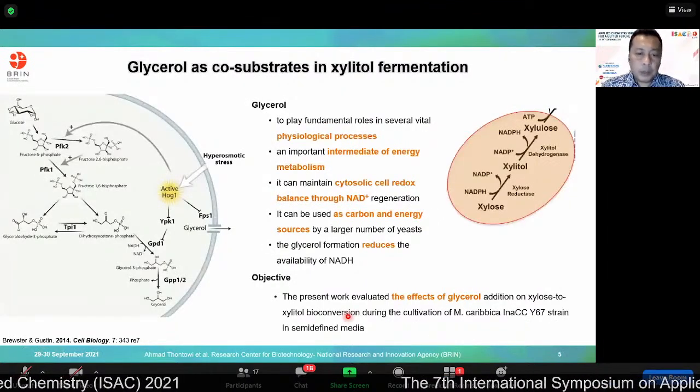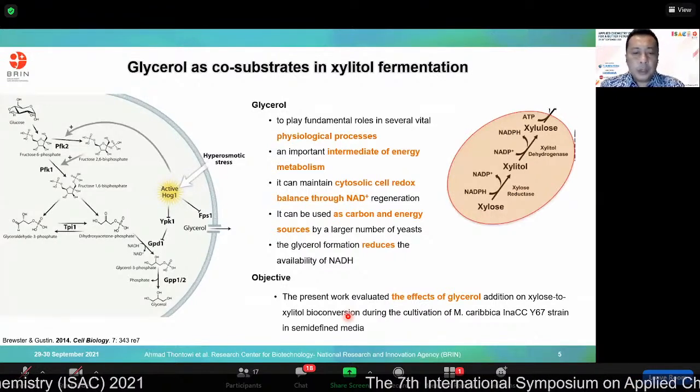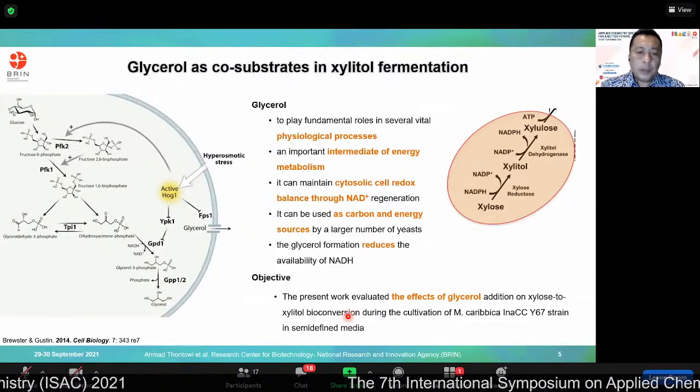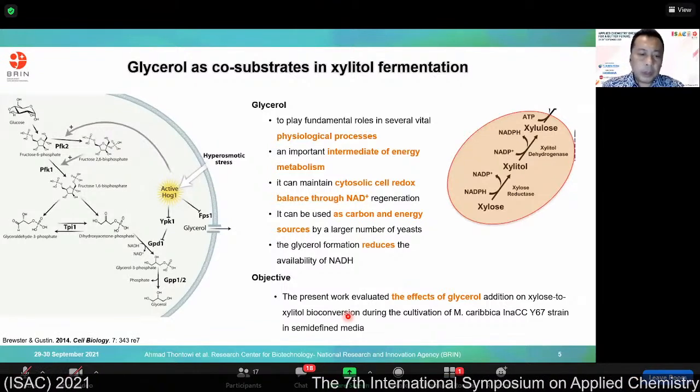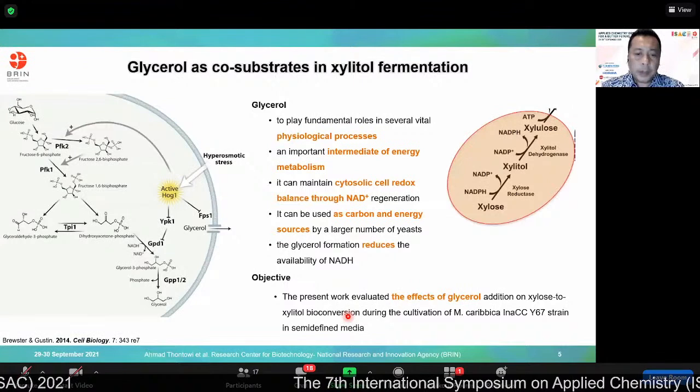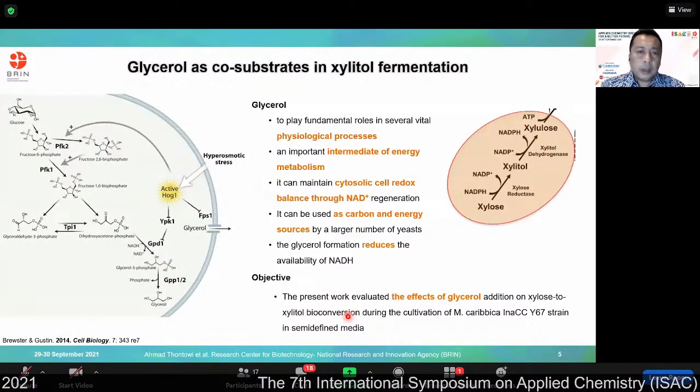One of the substrates used in xylitol fermentation is glycerol. In general, glycerol plays an important role in the cell physiology and metabolism of intermediates that play a role in providing energy.